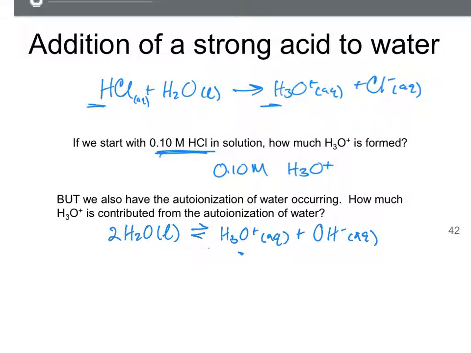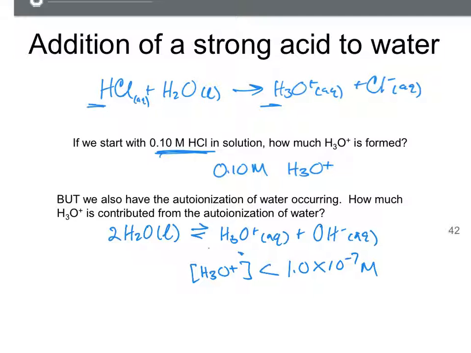So we know that addition of a product is going to shift the equilibrium back to the reactant side. So from simply the autoionization of water, the concentration of H3O+ is going to be less than 1 times 10 to the minus 7 molar. Now we could go through and figure this out, but we're just going to leave it at this.